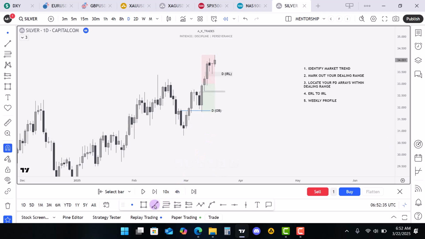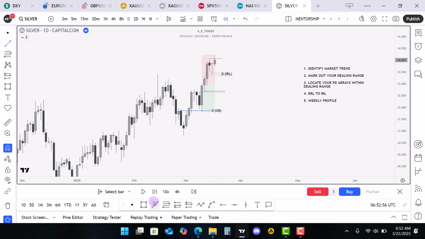So if you are looking at trading this reversal into our discount zone, we are expecting that after price sweeps the minor dealing range high, it should reverse back to this low.